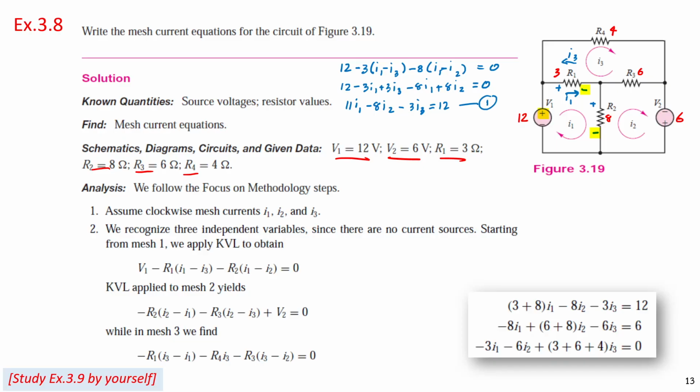Similarly, we can solve for mesh 2. In this case, if I keep the direction of I2 as reference, it should be plus, minus here, plus, minus here, right? And this is plus 6 volt minus this voltage minus this voltage.